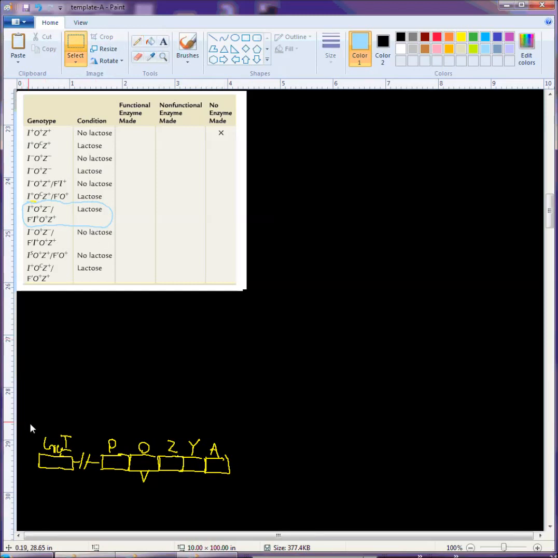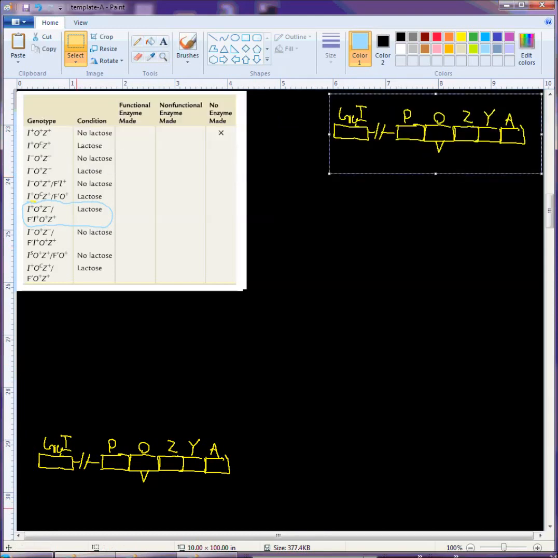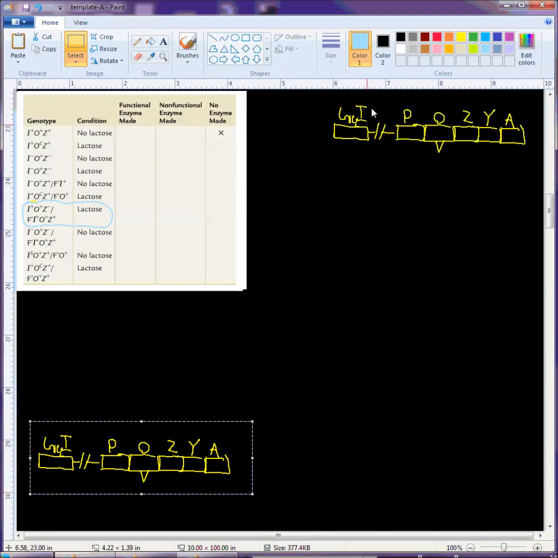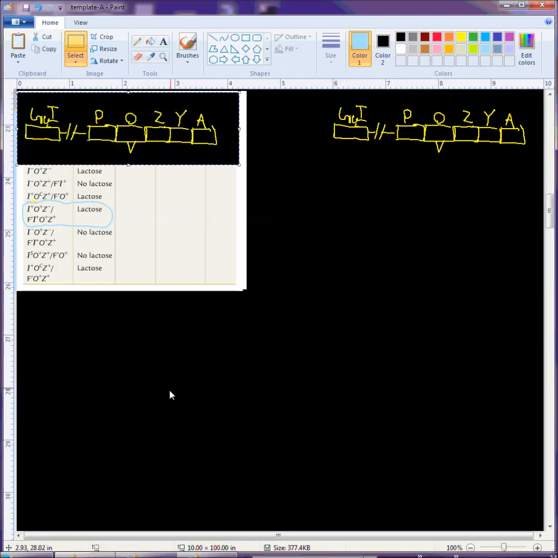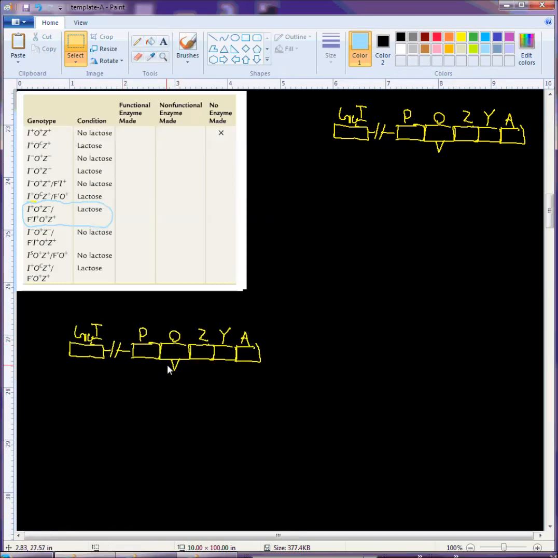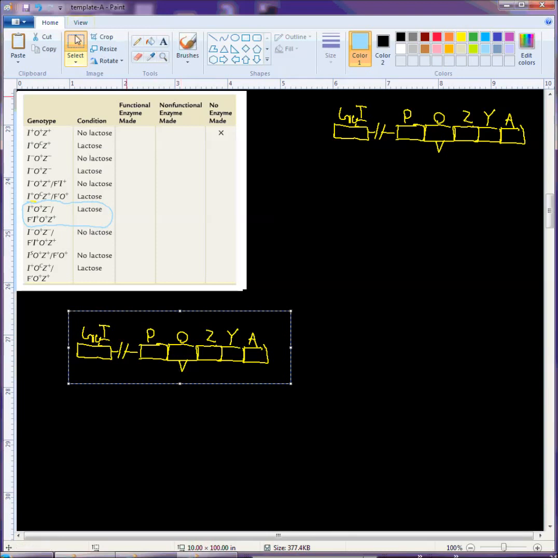So I'm going to take this, I'm going to put the spare one up here for now, and then I'm going to cut that out. And I'm going to put this right here. Okay. So this one right here, okay, this is going to be our copy of the operon on the chromosome.